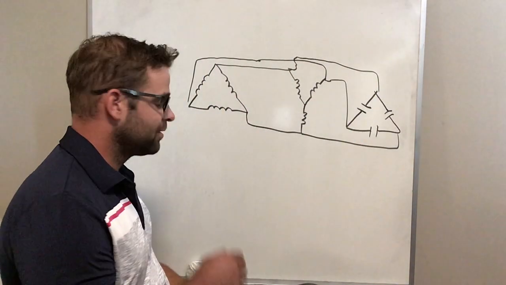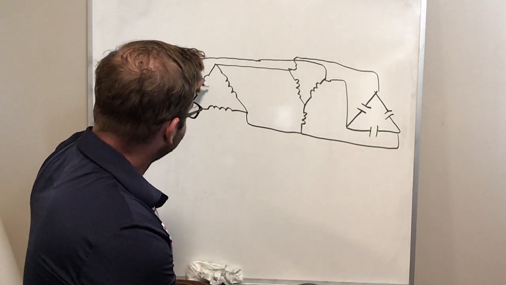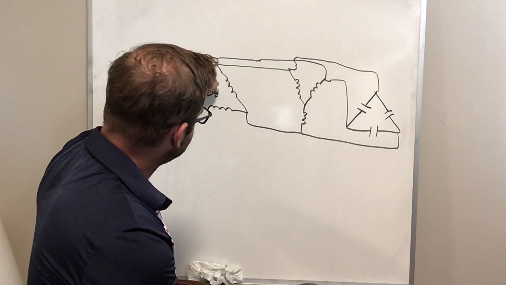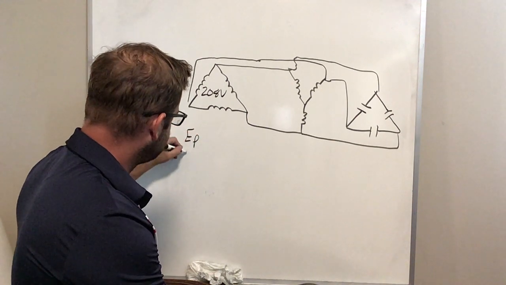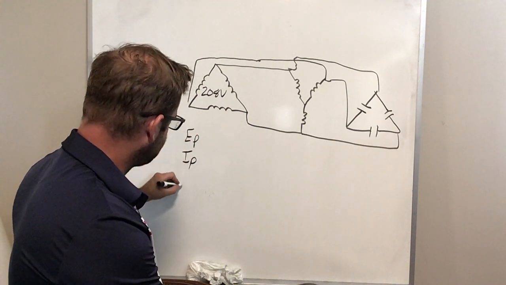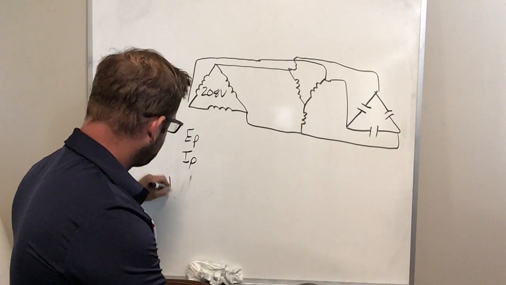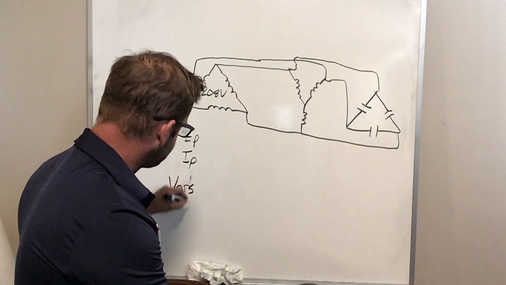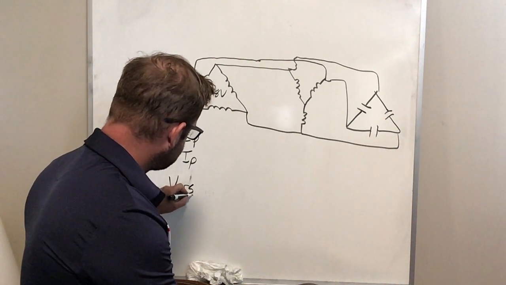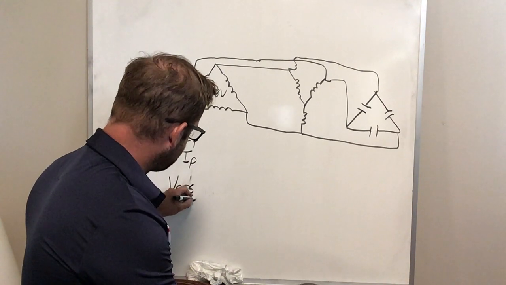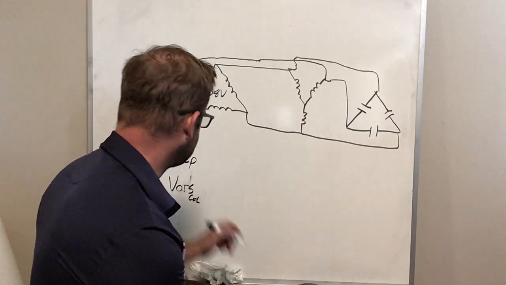As long as they're all connected, you're good. So we're going to start this out with 208 volts to make it simple. And we're going to have E phase, I phase, and our VARs, C or L, and then when we go to do it, I'll indicate which one it is.